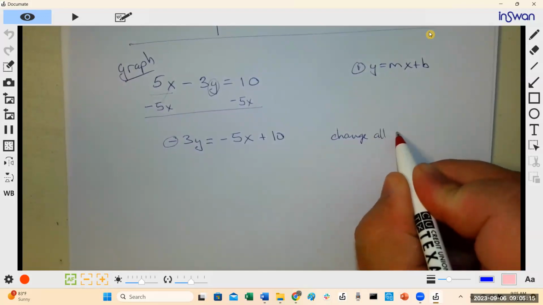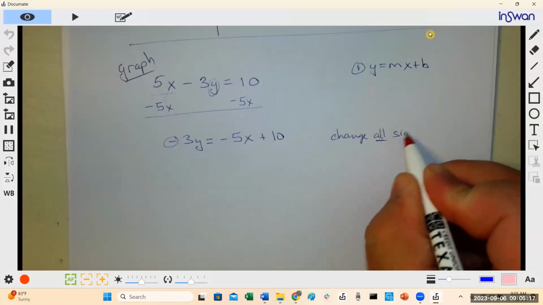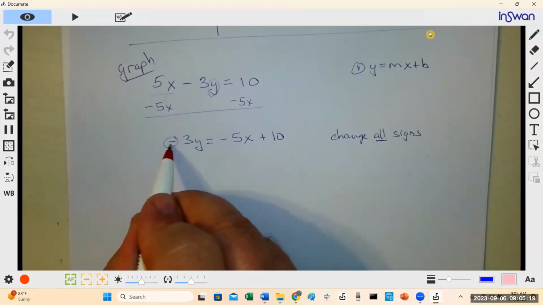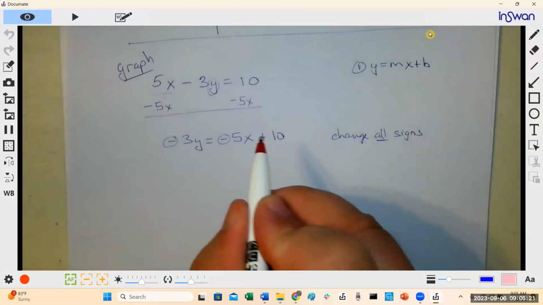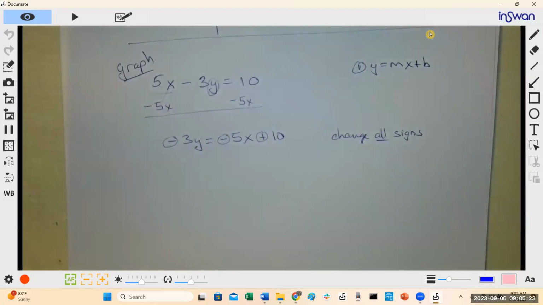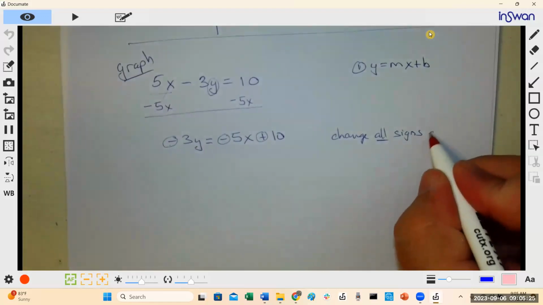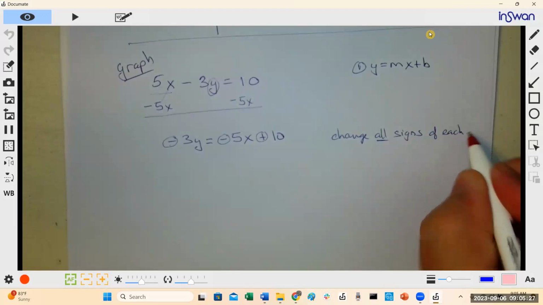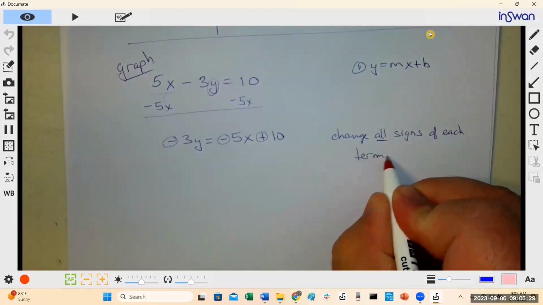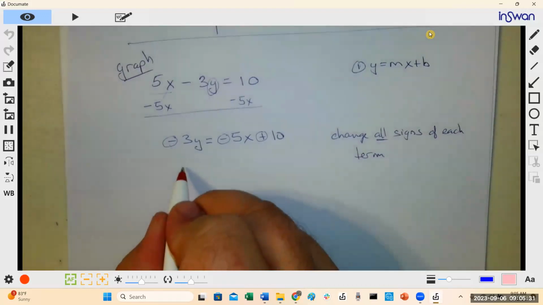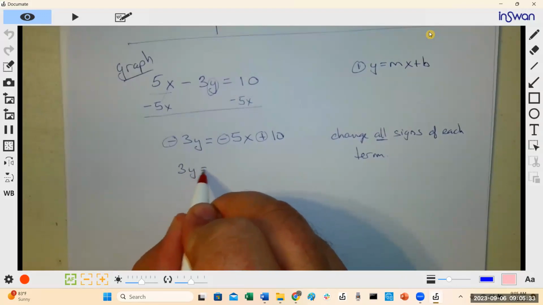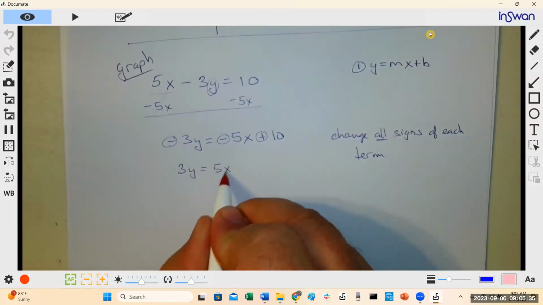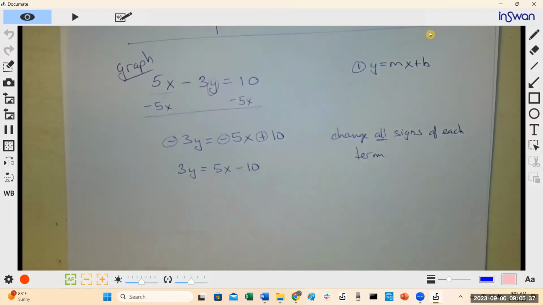Change all signs of each term. So it becomes a positive 3y, a positive 5x minus 10.